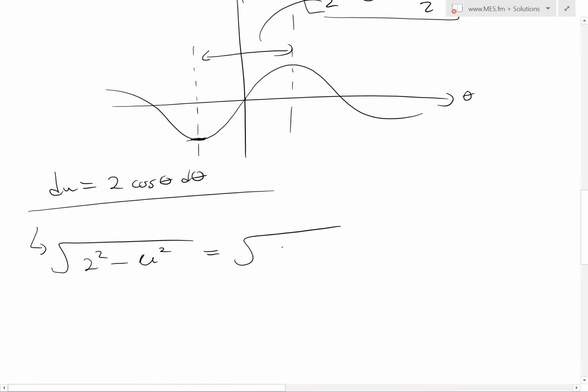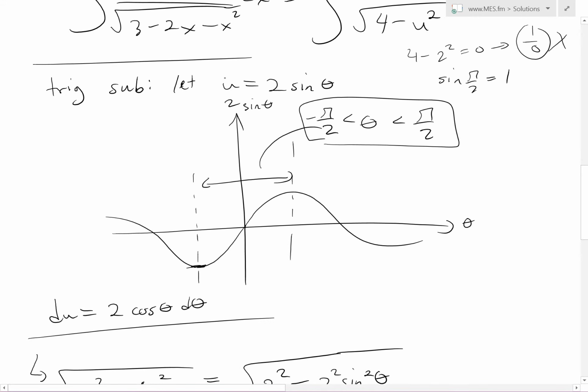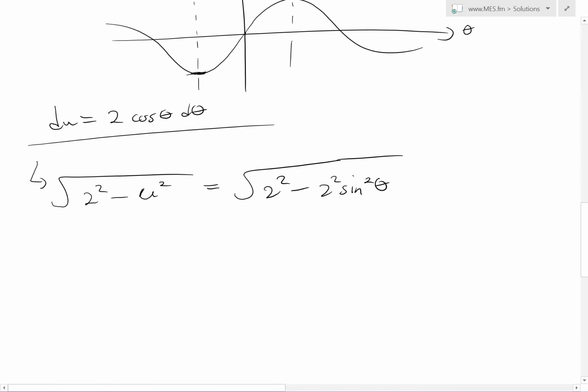Plug in u equals 2 sine theta, which is 2 squared sine squared theta. Take the 2 squared out, so we get 1 minus sine squared theta.